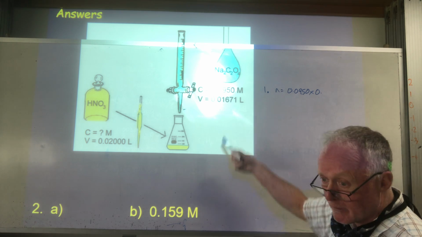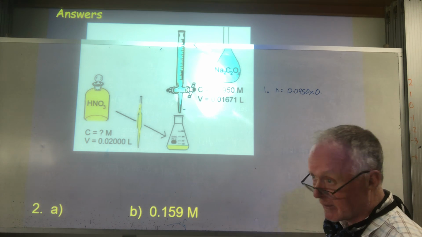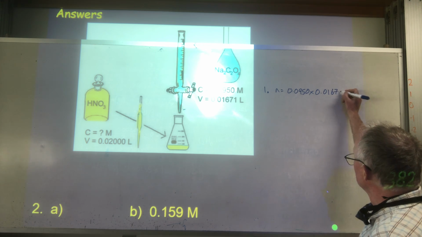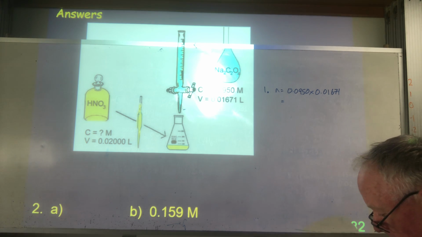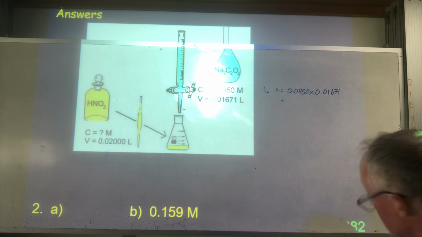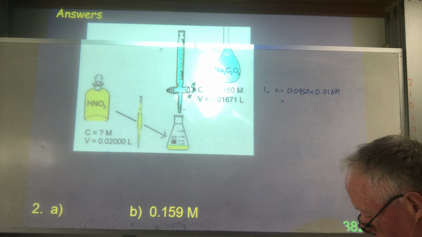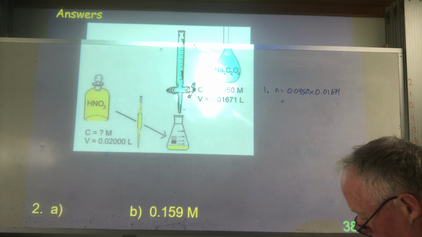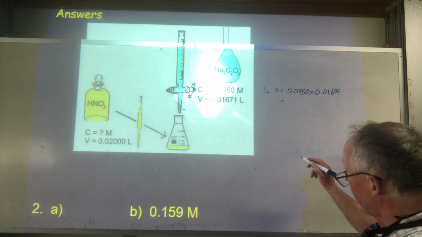On the volume, I automatically put it into litres because I know I'm going to have to do that, and if I put it there straight away, I know I'm not going to forget doing it later on. 0.095 times 0.01671 equals 1.59 times 10 to the minus 3.